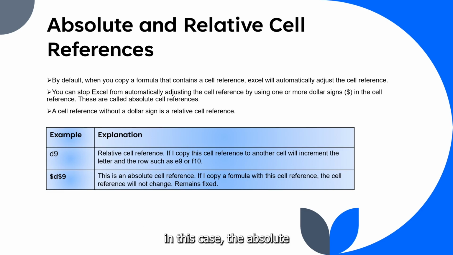Absolute referencing looks like a $ sign, the column letter, a $ sign, and the row number. In this case, I'm saying the cell address, which is D9, should be an absolute reference. That means wherever I copy this formula or function, Excel will keep pointing to this cell address.